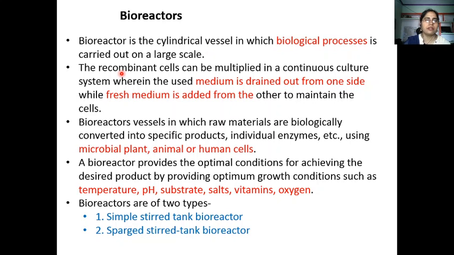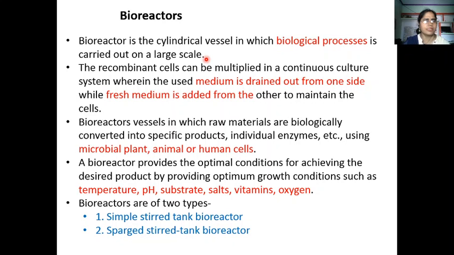In the last lecture I already told you about different commercial products such as antibiotics, ethanol, and recombinant products such as insulin and hepatitis B vaccine. All these things we have produced in the bioreactor.